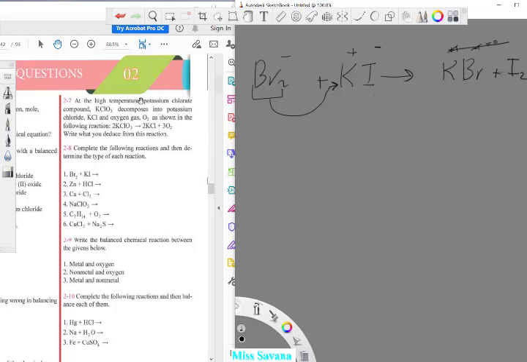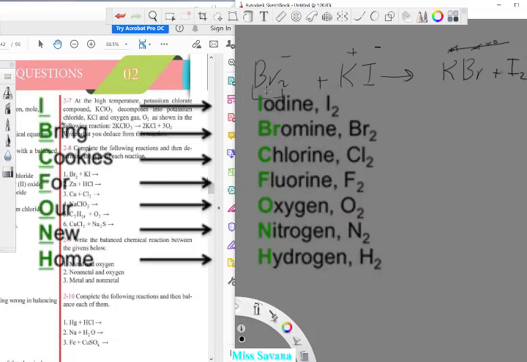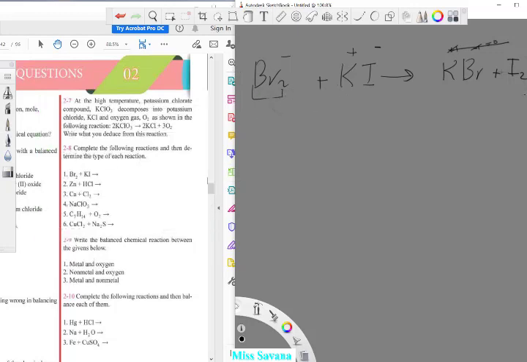Now remember, the bromine is one of the diatomics here, so you have bromine 2, and your K is 1 and your I is 1, but in here you have bromine 1, K 1, and iodine 2. So you have a problem here.